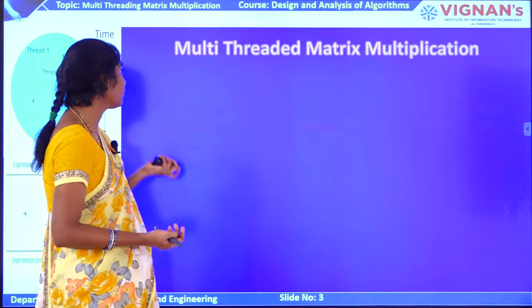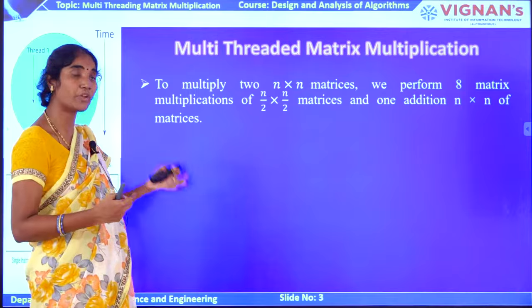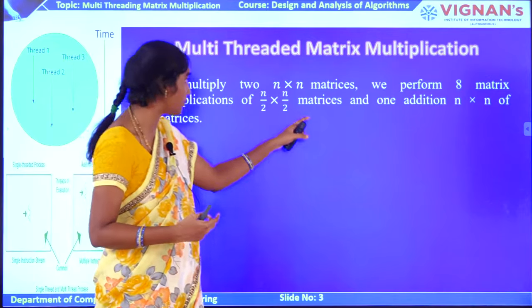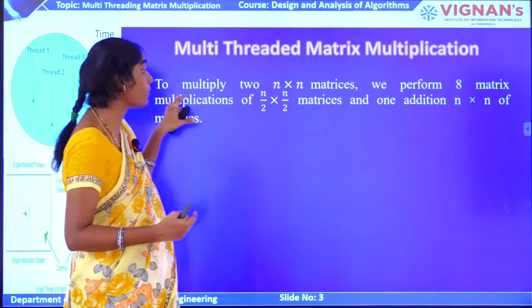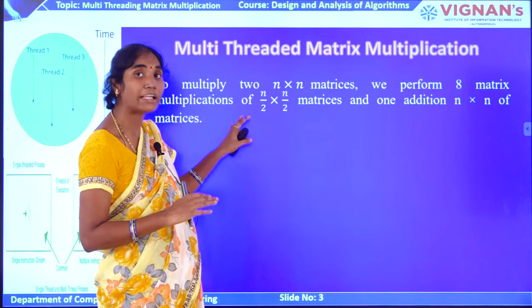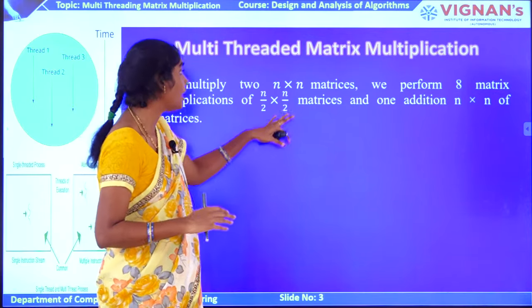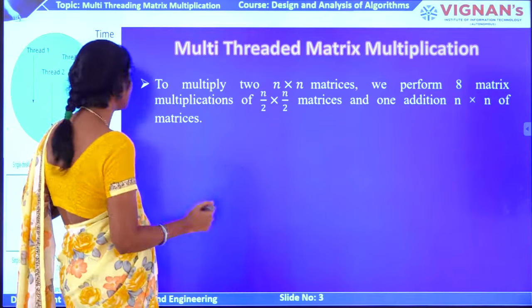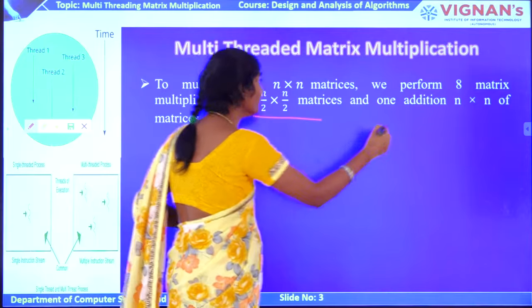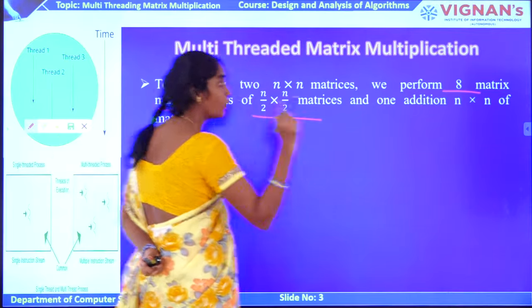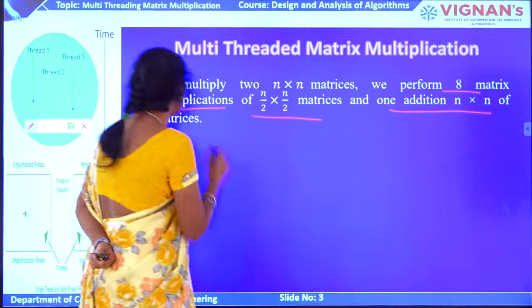To accomplish this, to multiply two n by n matrices, we are performing 8 matrix multiplications of order n by 2 into n by 2, and one addition of an n by n matrix.